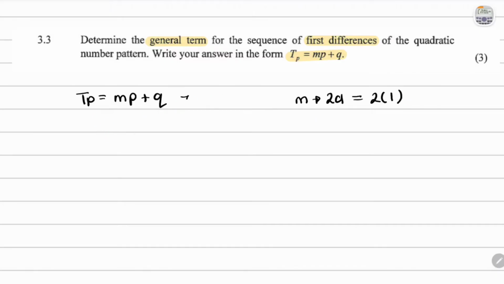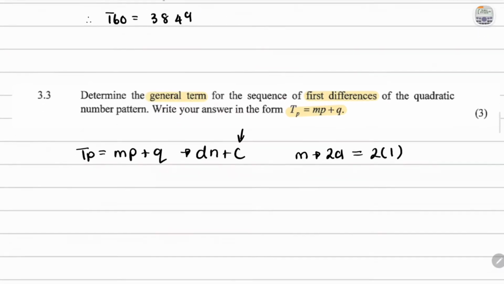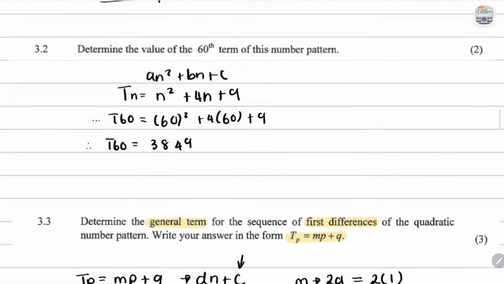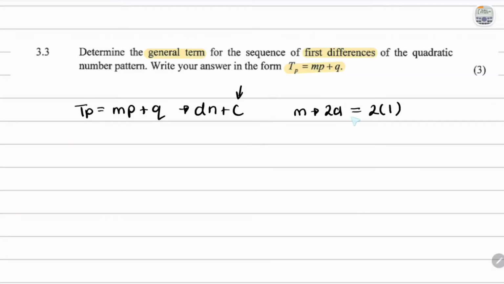This would have been written as dn plus c, but let's not write that c because it's going to confuse with this c. There are two different c's. This is c in the arithmetic, that's c in the quadratic. So this means that we have the second constant difference being 2. And that's what we're going to use as our m. So m is equal to 2. We know what that is now.